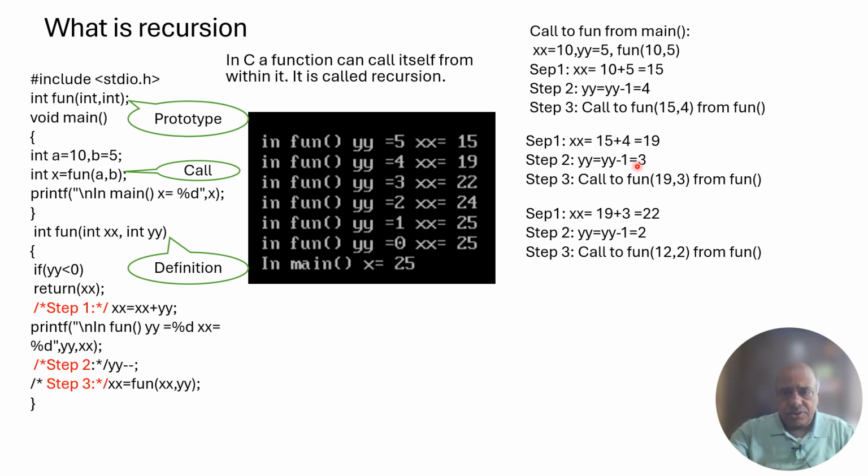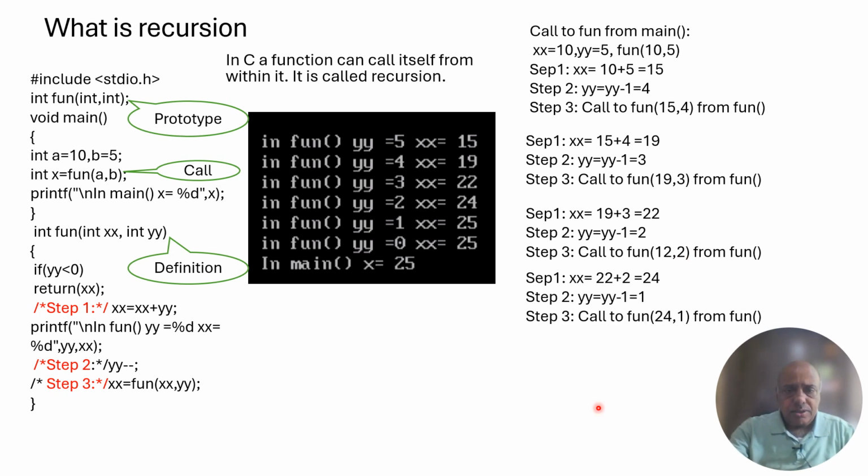The function calls itself again. Now xx becomes 22, yy becomes 2, and with these modified values of xx and yy, we call the function with xx equal to 22, sorry it is 12 written here, it should be 22, and yy will be 2.